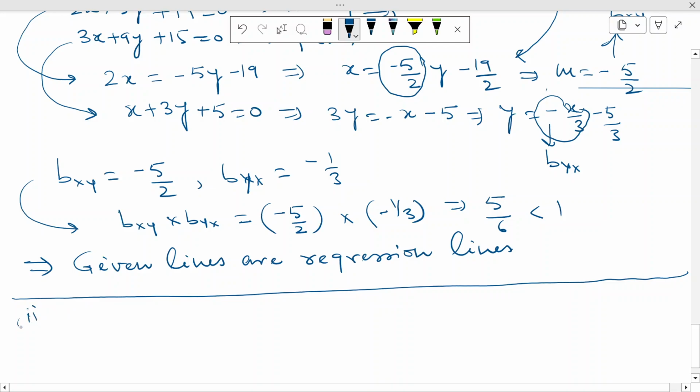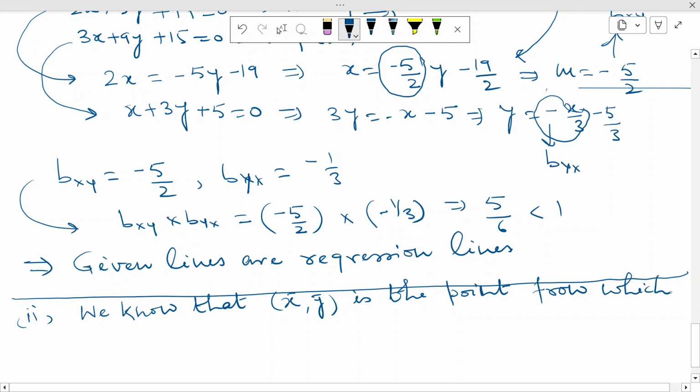So coming to the second part, we know that x bar comma y bar is the point from which both lines will pass through.